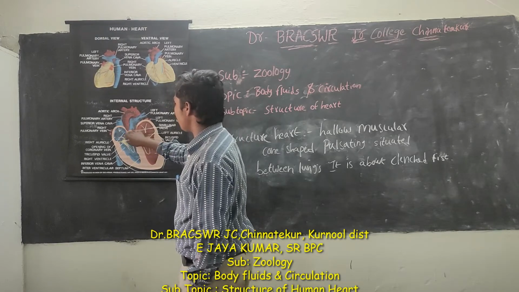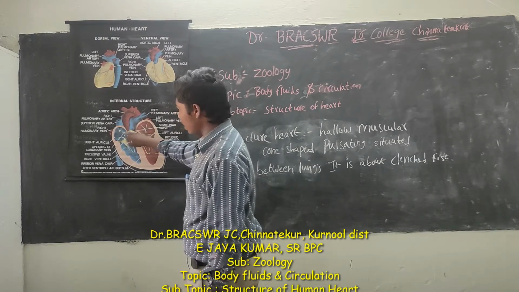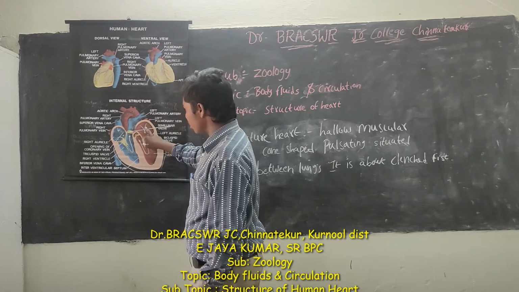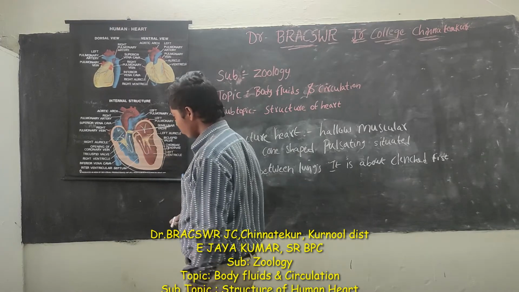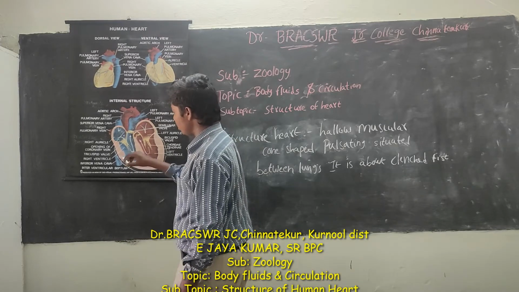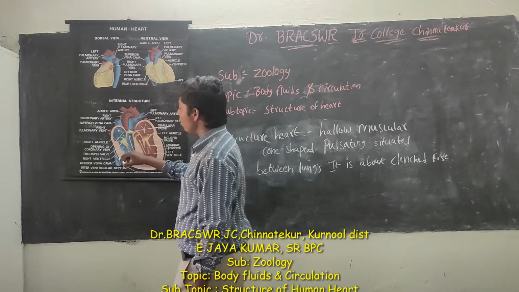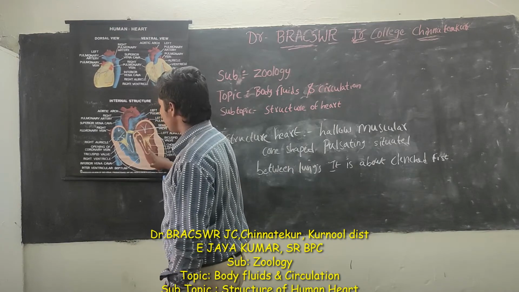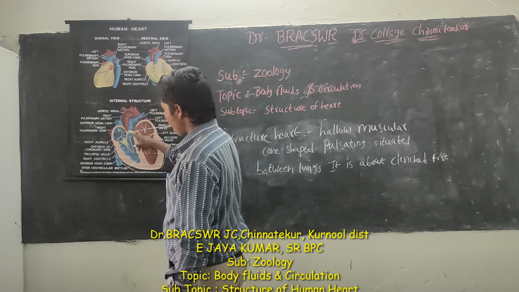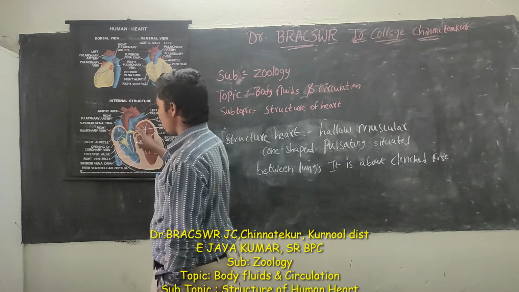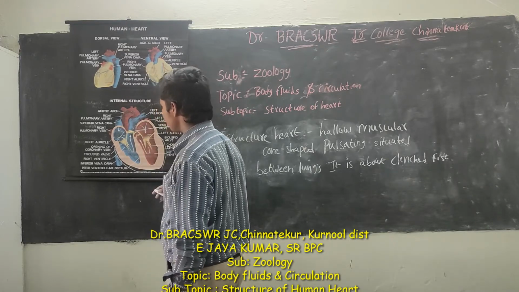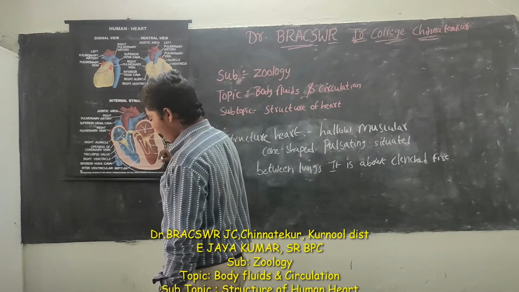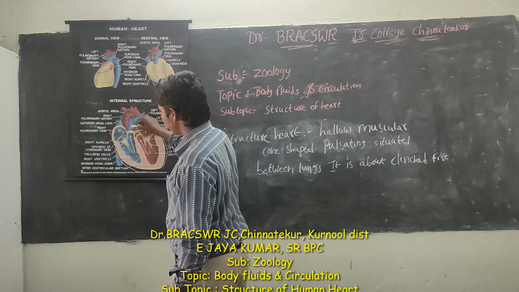Atria means the two upper chambers, two smaller chambers which receive blood, and two are ventricles. The ventricles are larger than the atria. The atria and ventricles are separated by the transverse groove.